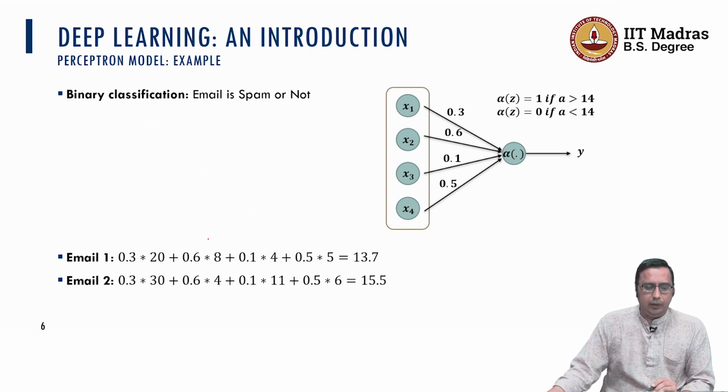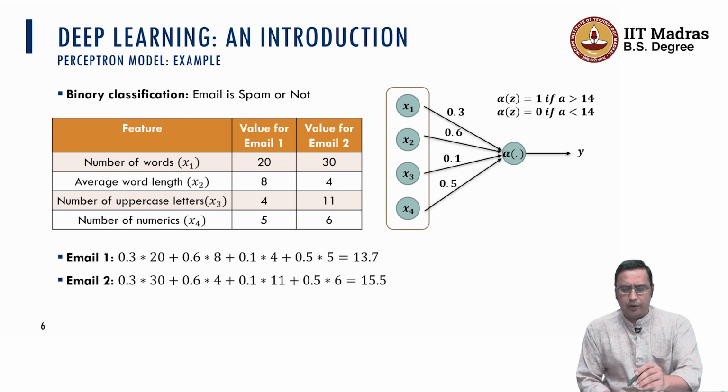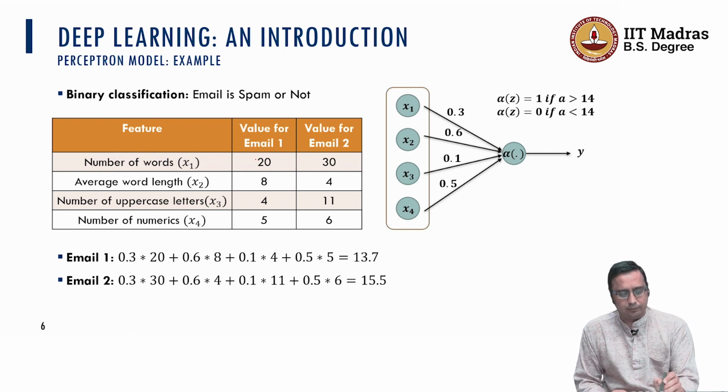Let's take a simple example of binary classification, where I have an email and I would like to classify the email as being spam or not spam. I have provided 4 features: number of words x1 in the email, average word length x2, number of uppercase letters x3, and number of numericals x4. And these are those statistics for email 1 and email 2. So what I am going to do is take these values.